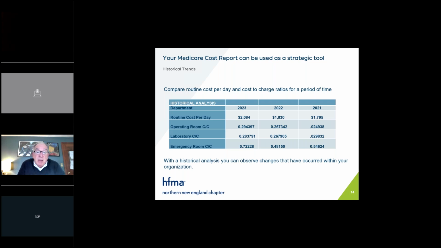It could be that you're preparing the cost in emergency room incorrectly. And so you might want to look at how you're accumulating emergency room cost, how your step down cost to emergency room, or you may want to look at your direct cost in emergency room. Are salaries going up? So again, it's a good strategic tool to quickly look at some of the indicators that might raise something that you might want to consider looking into further.